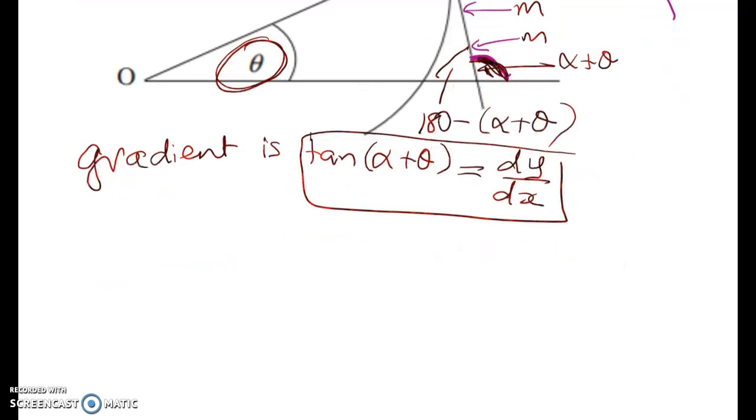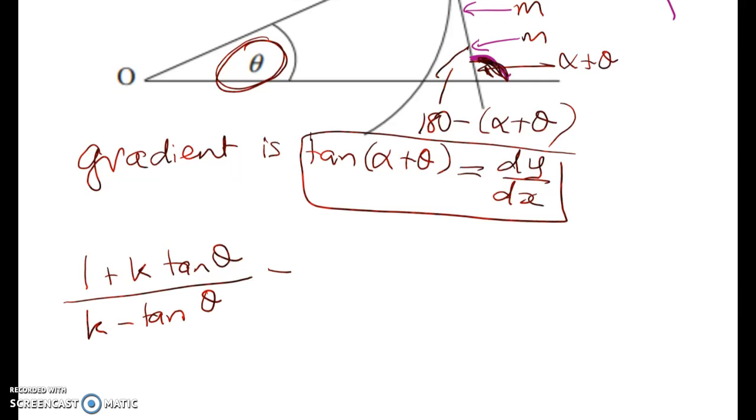So dy by dx was equal to 1 plus k tan theta over k minus tan theta, and that's equal to tan of alpha plus theta. Now, why do I like that? Well, I was asked to figure out a link between alpha and k.